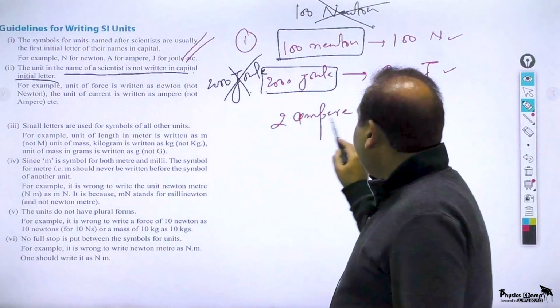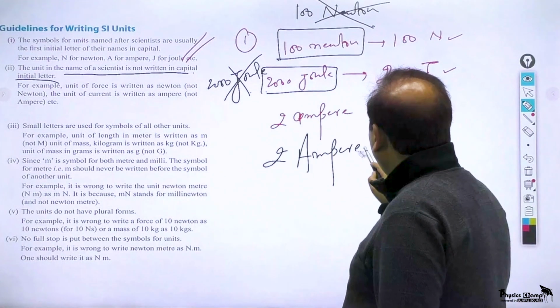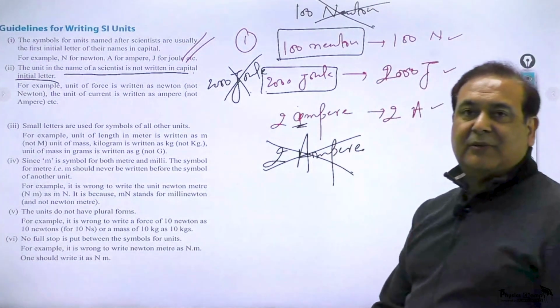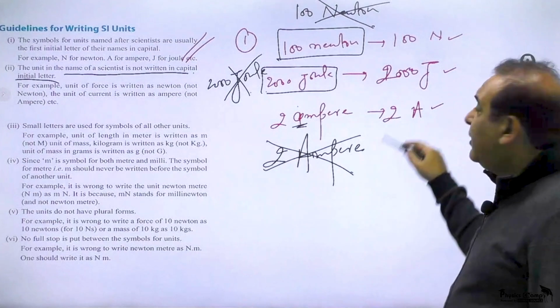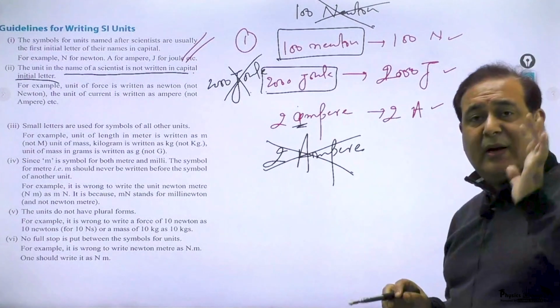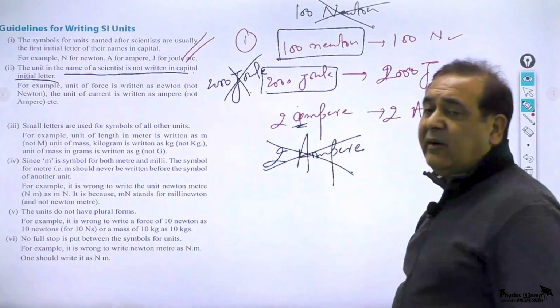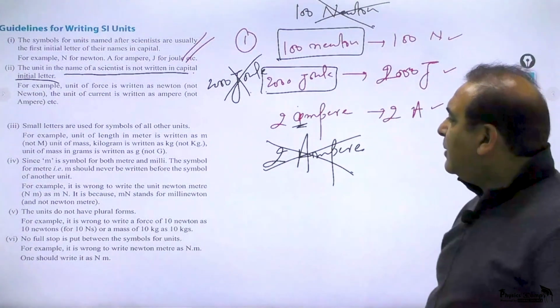Like 2 ampere, it cannot be capital A, it has to be small a. So the capital letter is used only when you are using one letter, and if you are using the full name, then start with a small letter. Let's come to the third point.